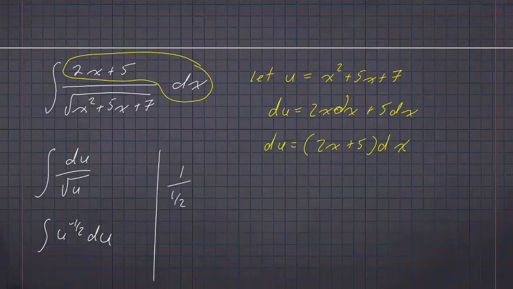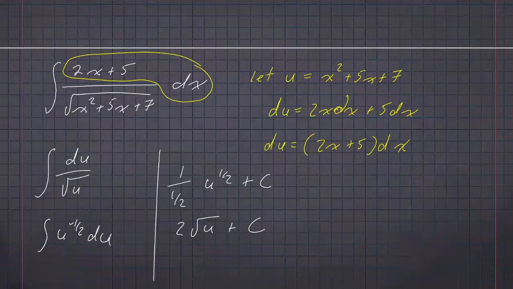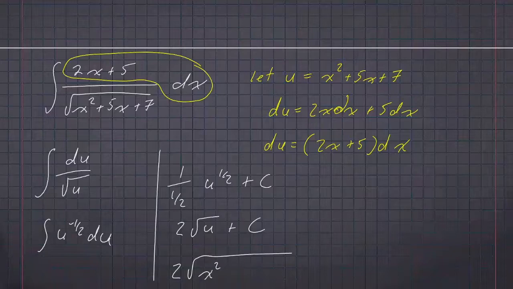We have 1 over 1/2 times u to the positive 1/2, which we can write as 2 times the square root of u, always plus some arbitrary constant of integration, and substituting back in, u is x squared plus 5x plus 7. So we can evaluate much more complicated integrals using U-substitution than we could before.